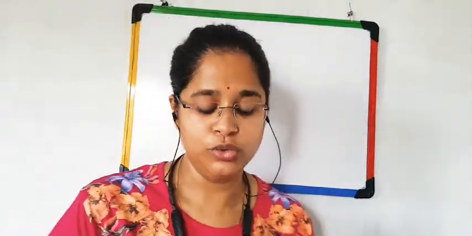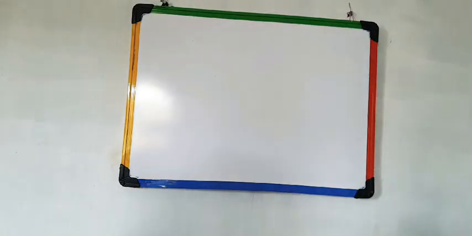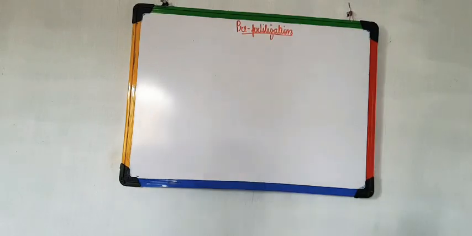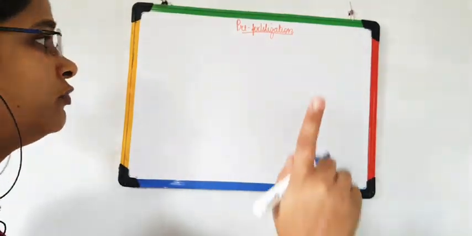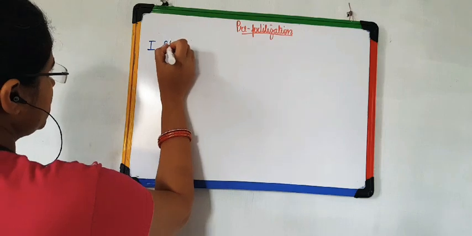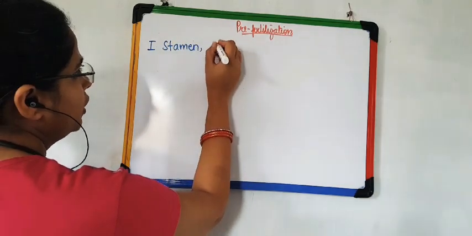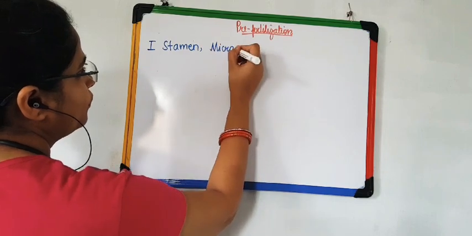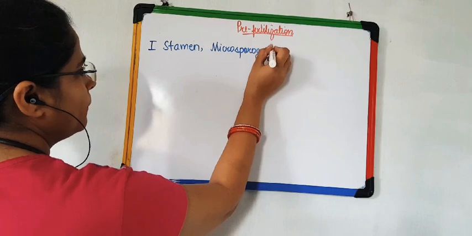After that, 2.2, that is fertilization, structure and events. Now let us start with pre-fertilization structure and the events. The first pre-fertilization structure and event is about stamen, then microsporogenesis, right?